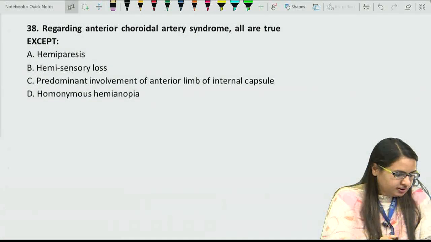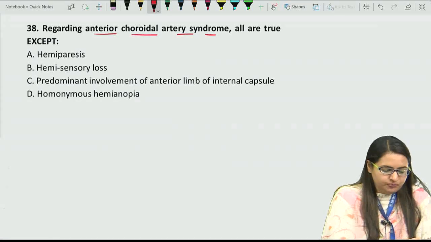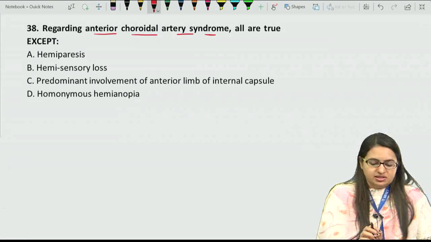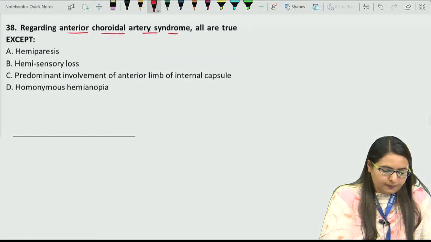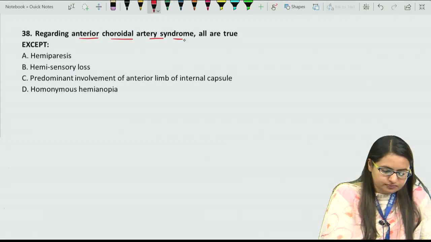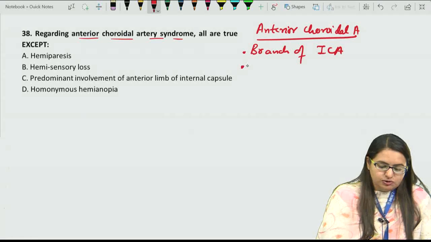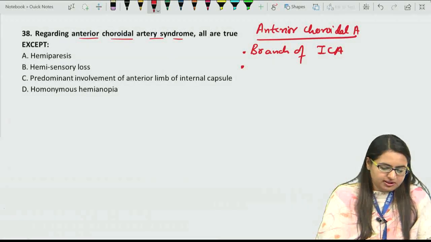Question number 38 says regarding the anterior choroidal artery syndrome. The anterior choroidal artery is a branch of the internal carotid artery, and it supplies various portions of the internal capsule.